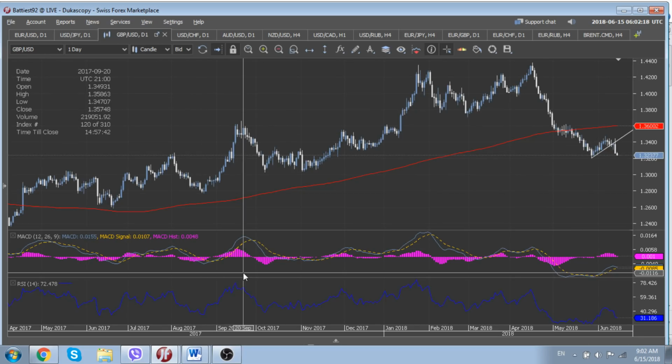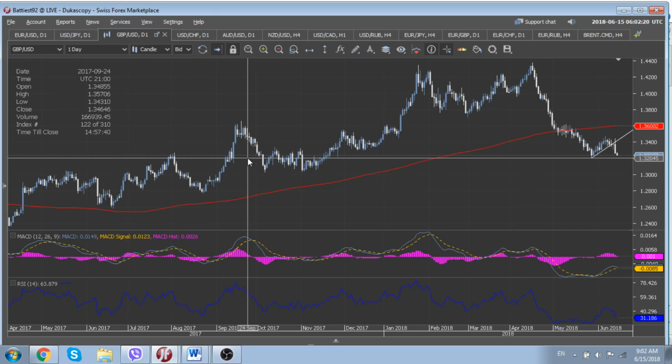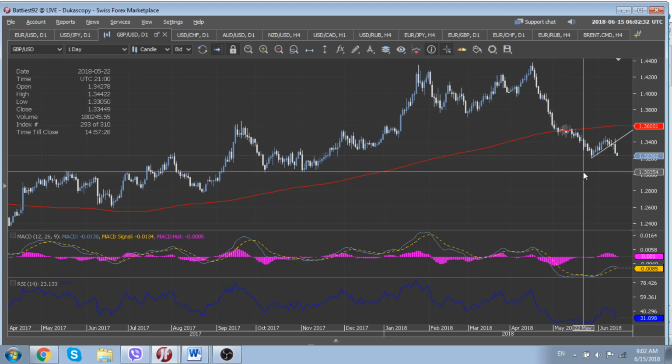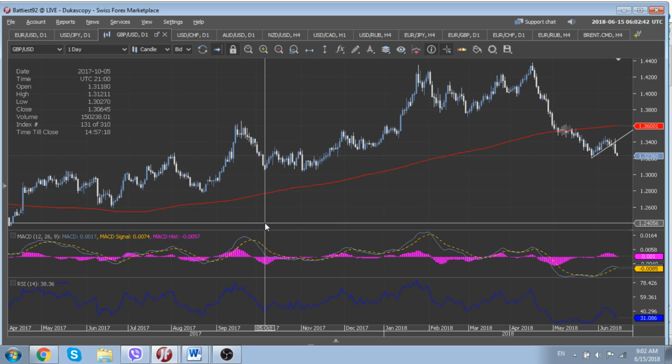As regarding sterling, it seems ready to break below the lows of May, registered at 1.3205, and that means that probably in the next couple of sessions next week we could see a retest of another important support barrier located around the lows of October 2017 at 1.3027.